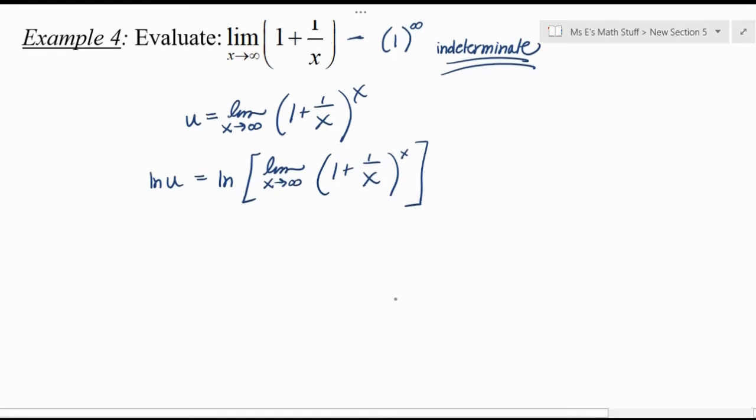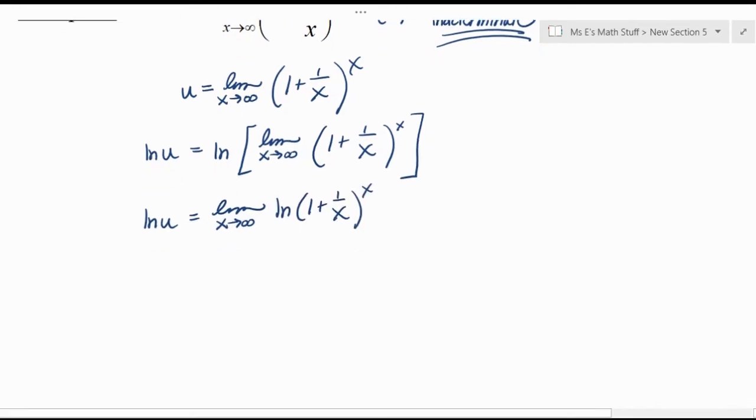The next thing I'm going to do is move the function natural log in through the limit. Like so, and then that will allow me to use the power property of logarithms there on the right side.